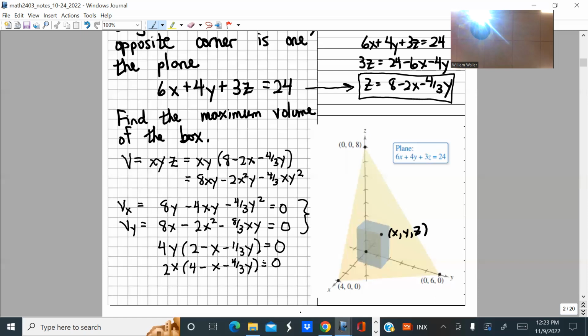Well, we're just looking for critical points now, right? We'll come back and decide if that's really a point that we're interested in, right? Okay, so, hmm?